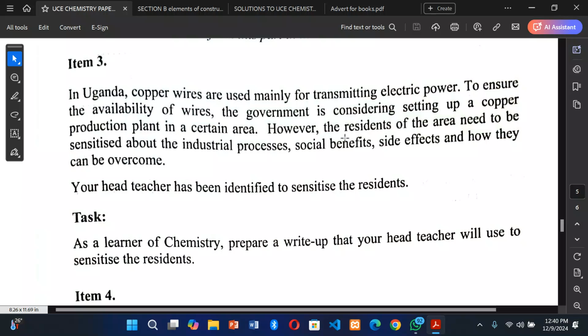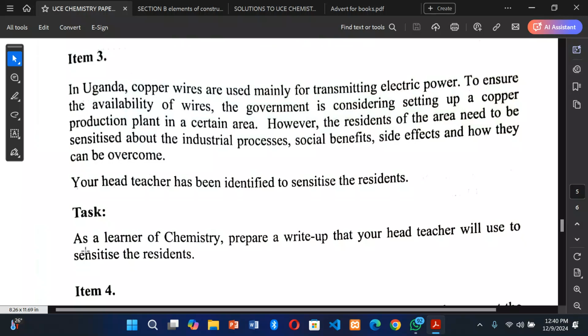However, the residents of the area need to be sensitized about the industrial processes, social benefits, side effects, and how they can be overcome. Your head teacher has been identified to sensitize the residents. Task: as a learner of chemistry, prepare a write-up that your head teacher will use to sensitize the residents.